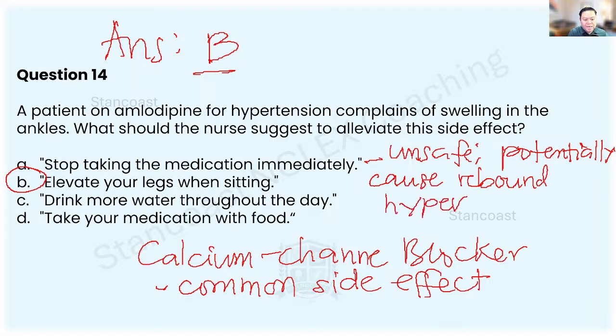Guys, the same thing with the other antihypertensive medication. The patient should not immediately stop the antihypertensive drug because this can lead to rebound hypertension. So make sure that they talk first with their medical provider before they discontinue taking it. Okay, so this is wrong.